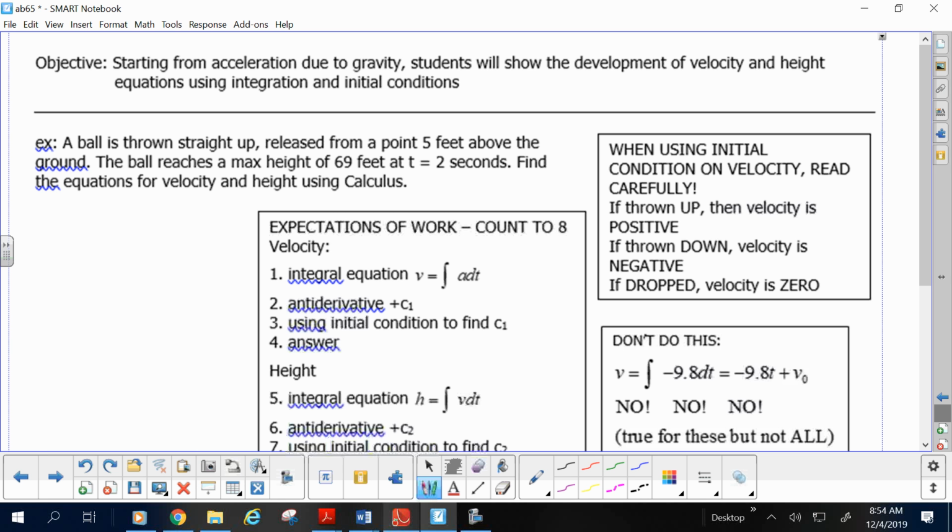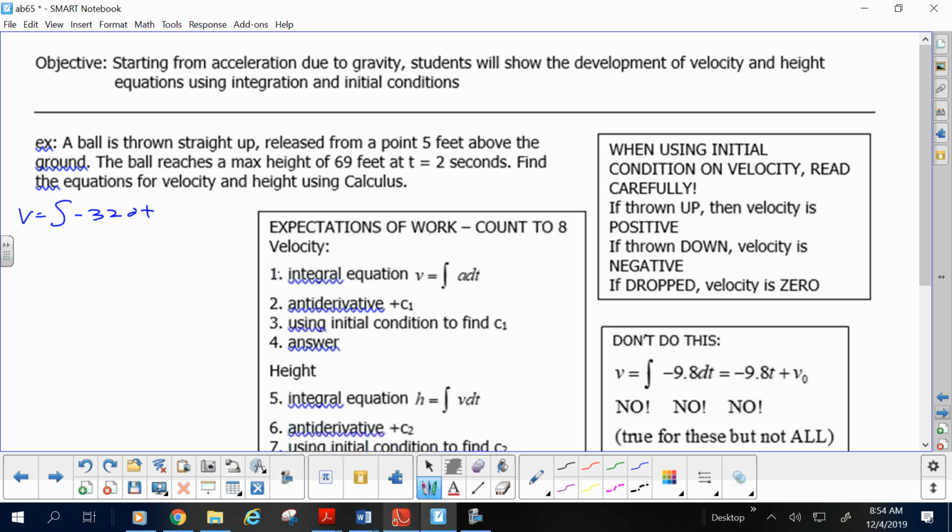So this is what I will expect you to show. You would start by saying, I know that the velocity is the antiderivative of acceleration. And so your first step should either be saying v is the antiderivative of a, or the antiderivative of negative 32. I don't care, but you should be showing that velocity comes from anti-differentiating acceleration.